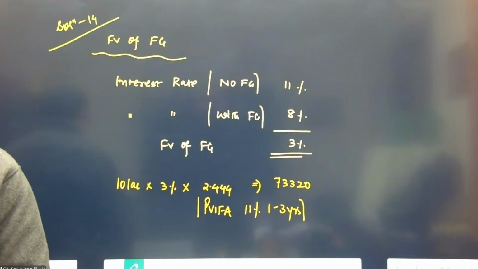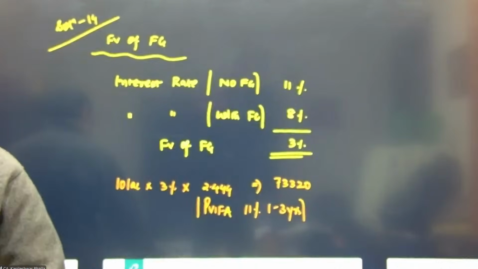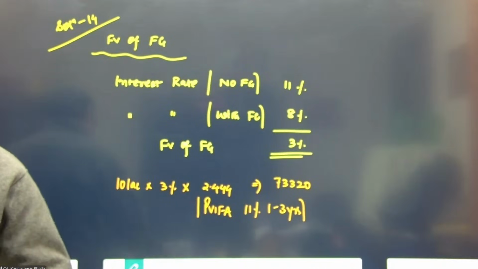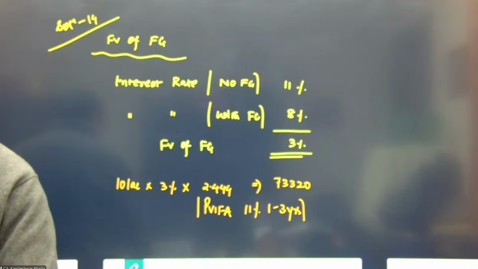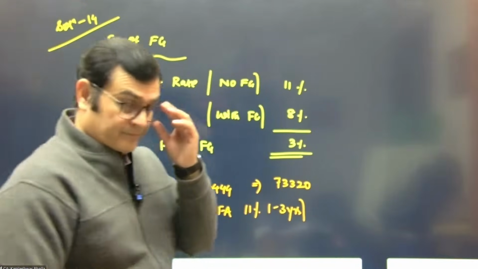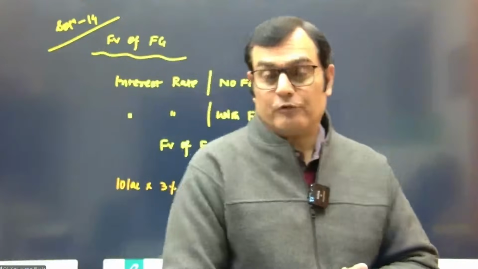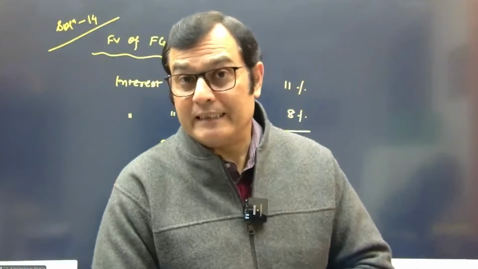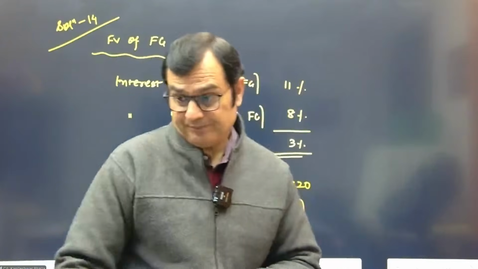Once we get the value of this guarantee, can you tell me what will be the journal entry to capture this amount of financial guarantee in the books of the parent company? The financial guarantee, of course, gets a credit, and what is going to be the corresponding debit?